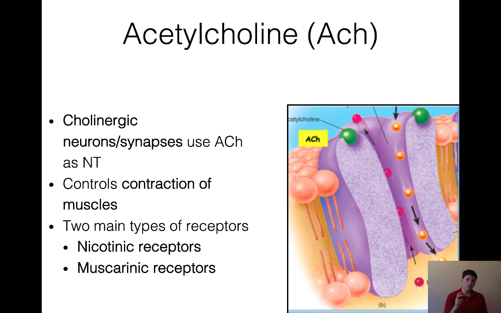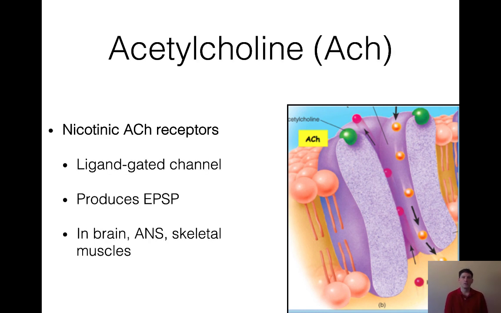There are two main types of receptors: nicotinic receptors and muscarinic receptors. Nicotinic receptors bind to nicotine, and muscarinic receptors bind to muscarine. That's kind of where they get their name, from being identified with those chemicals binding to them.